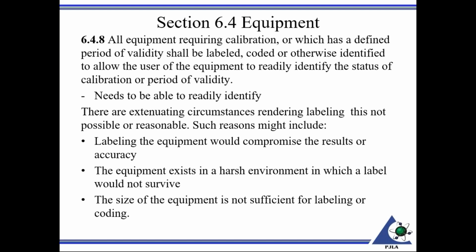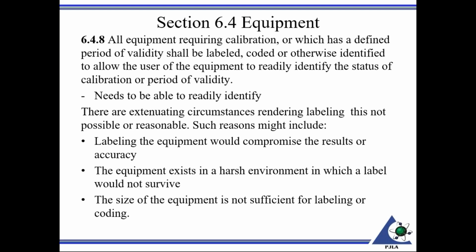6.4.8, all equipment that is required to be calibrated or has a defined period of validity shall be labeled, coded, or otherwise identified to allow the user of the equipment to readily identify the status of calibration or period of validity. So if you have an instrument, say a centrifuge, a balance, whatever it happens to be, the user should be able to determine whether or not it is in a state of calibration.